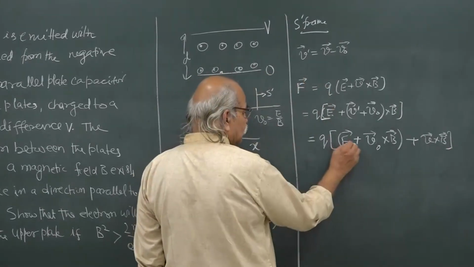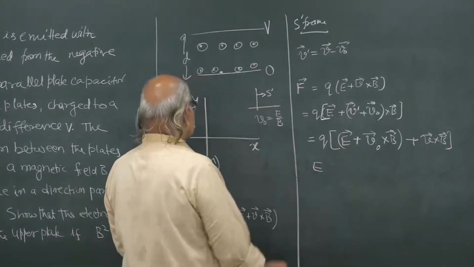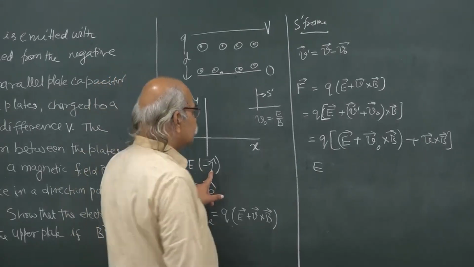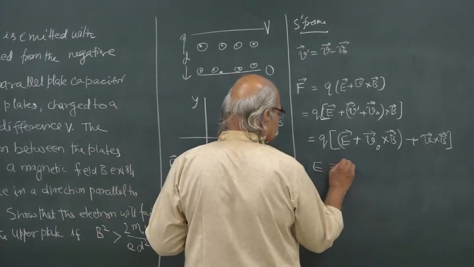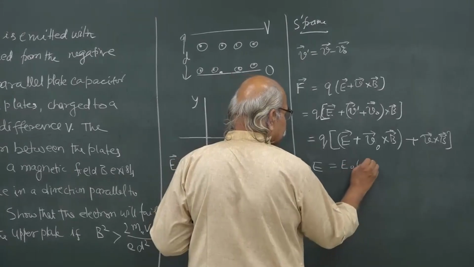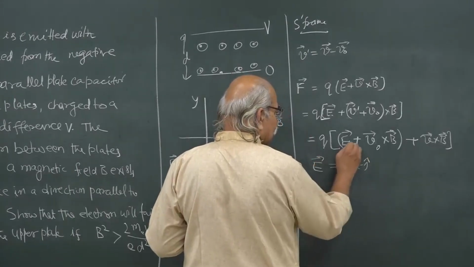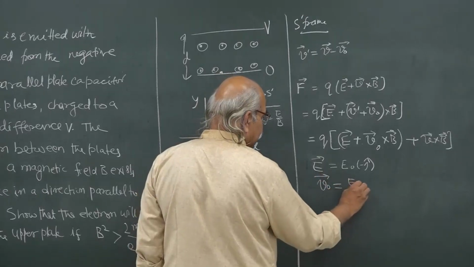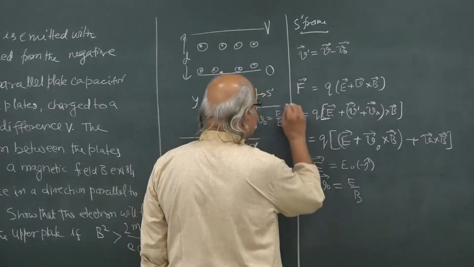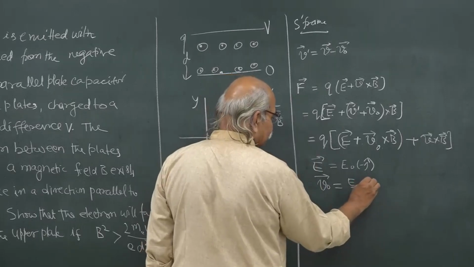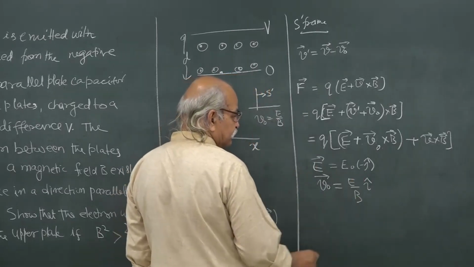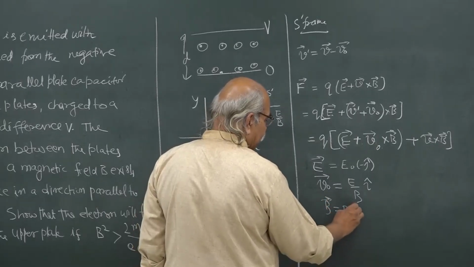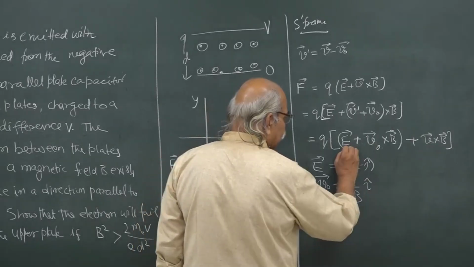This E is E naught in minus j direction. V naught is equal to E by B in i cap direction, and B is in k cap direction. So, let us calculate this quantity.